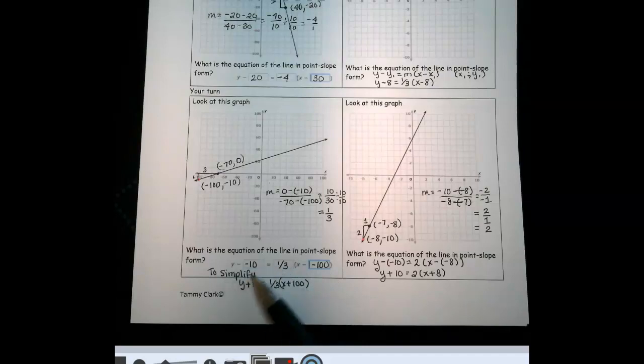If we were going to simplify this, notice this is minus a negative, so that would change it to a positive. Minus a negative would also change to a positive. Now over on this side, we're not giving any support, so we are expected to simplify. We had y minus negative 10, which changes to plus 10, and then minus negative 8 changes to plus 8.